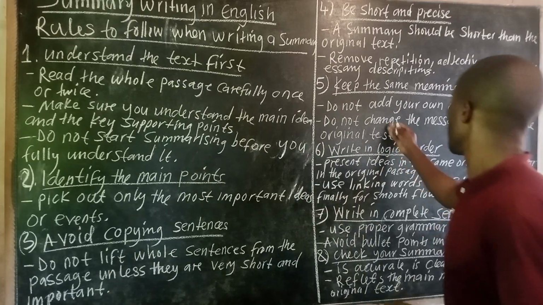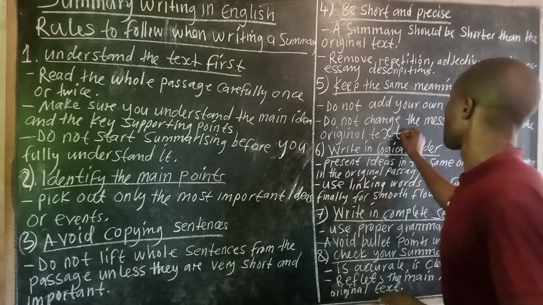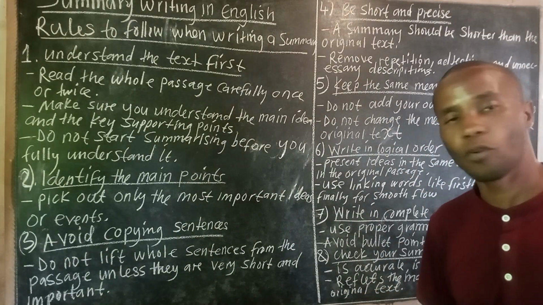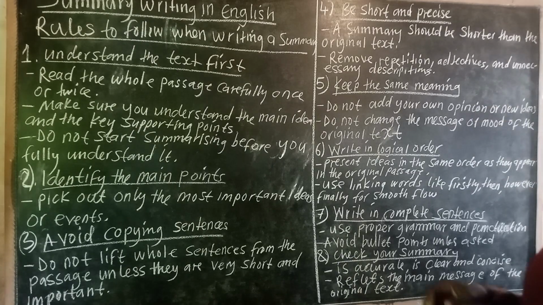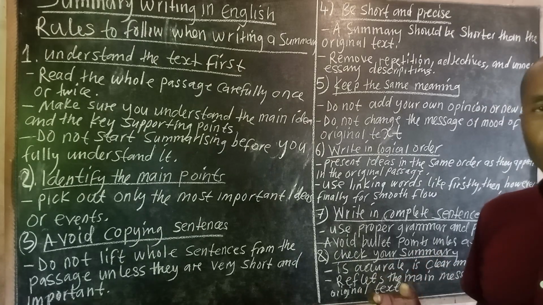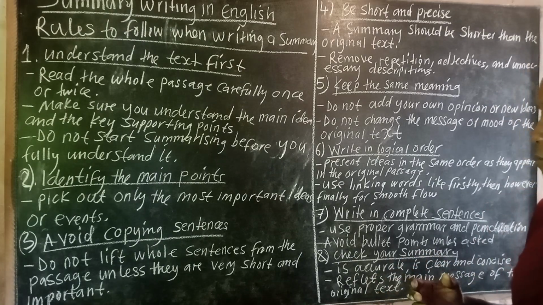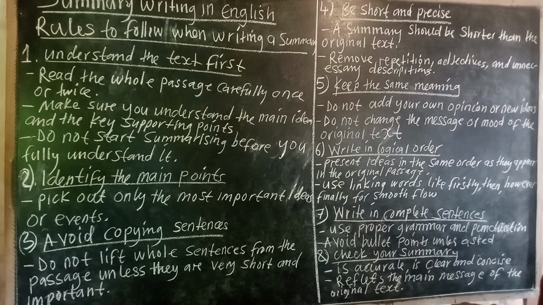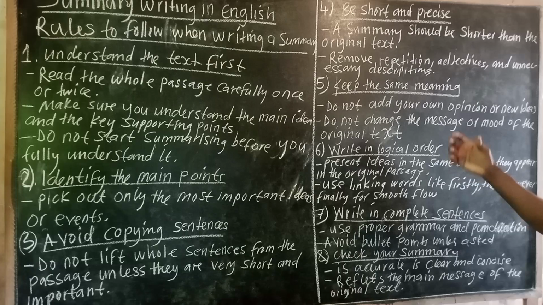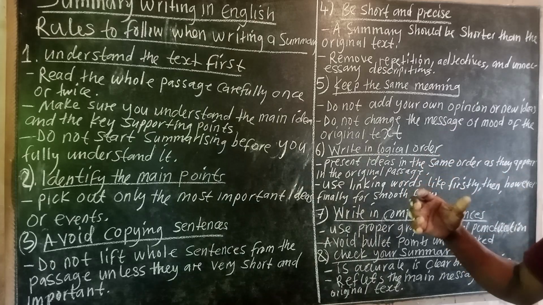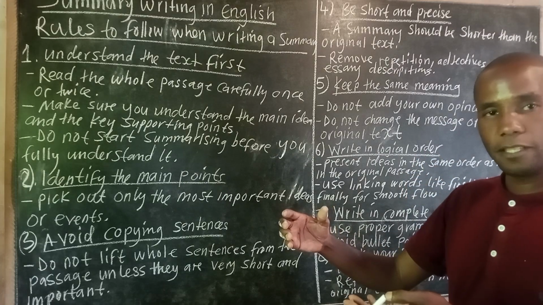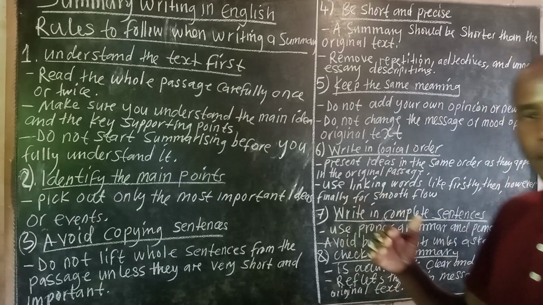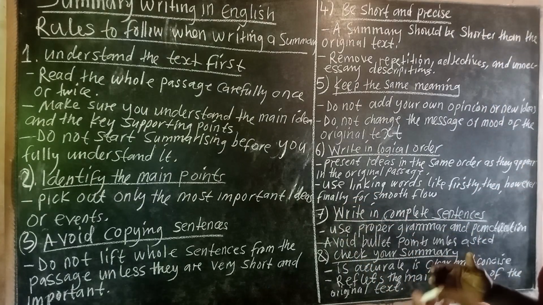For example, maybe the passage is talking about an election. Now, as you are summarizing, you have moved away from what the passage is talking about. You start writing points away from that.